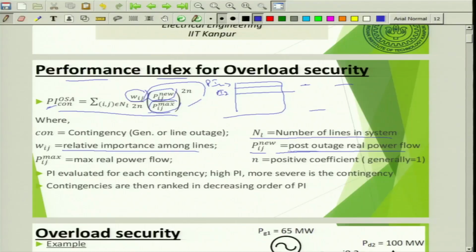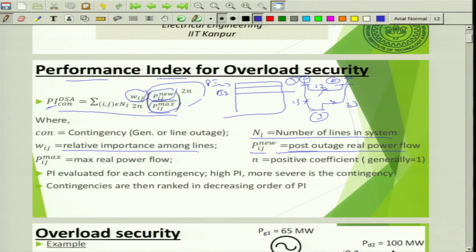Let us say there are 3 buses, with lines connected between bus 1, 2, this is 1, 3 and this is 2, 3, and let us say there is a generator connected here and a load connected here. Then considering line outage of 1, 2, line outage of 1, 3, and line outage of 2, 3 in different case studies, you will get a different performance index.